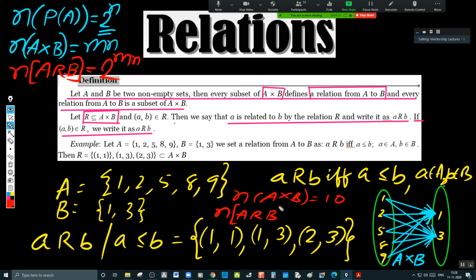That's it. So this is about the cross product and the relation, and the total number of relations that can be formed. Let's move on to the next part of it.